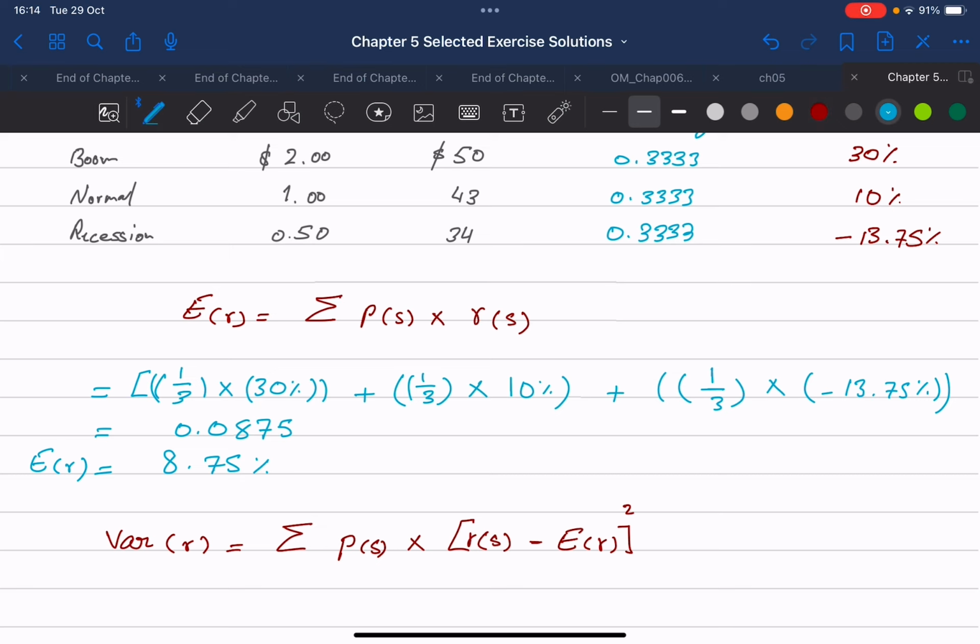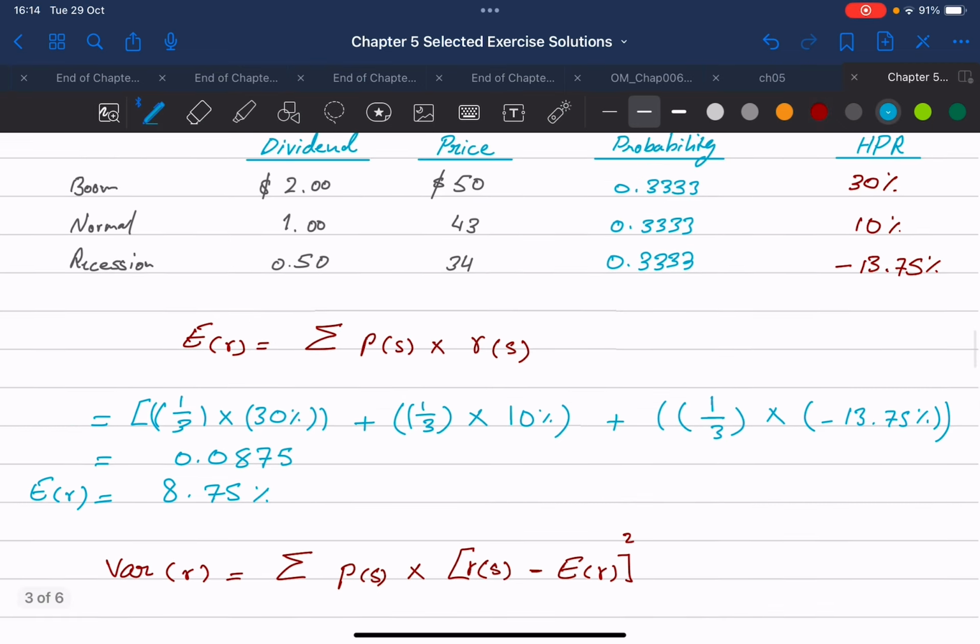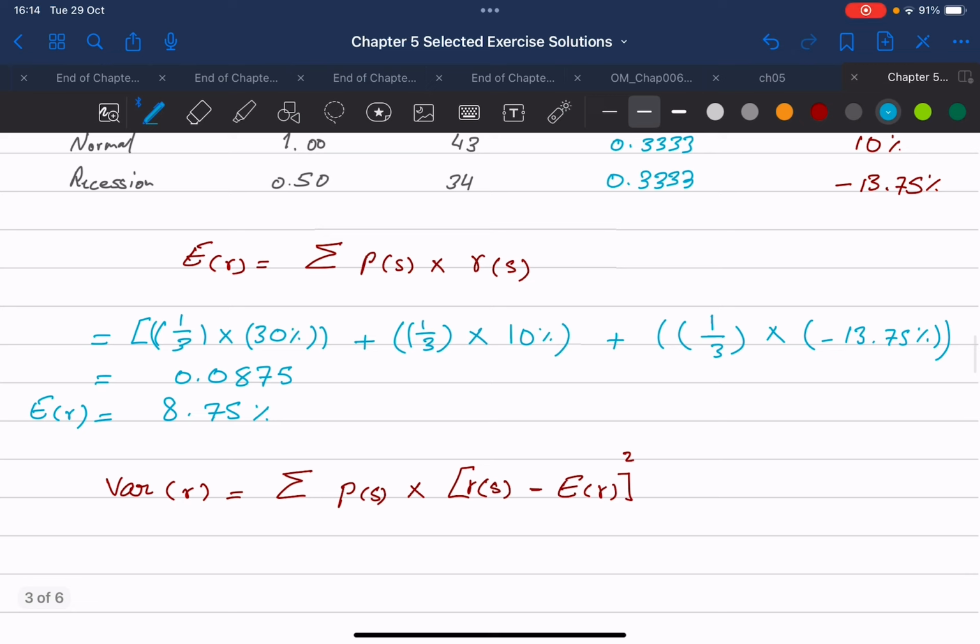So we're going to take each scenario's probability, which in this case they are all the same. Each scenario has the same probability, 0.3333.